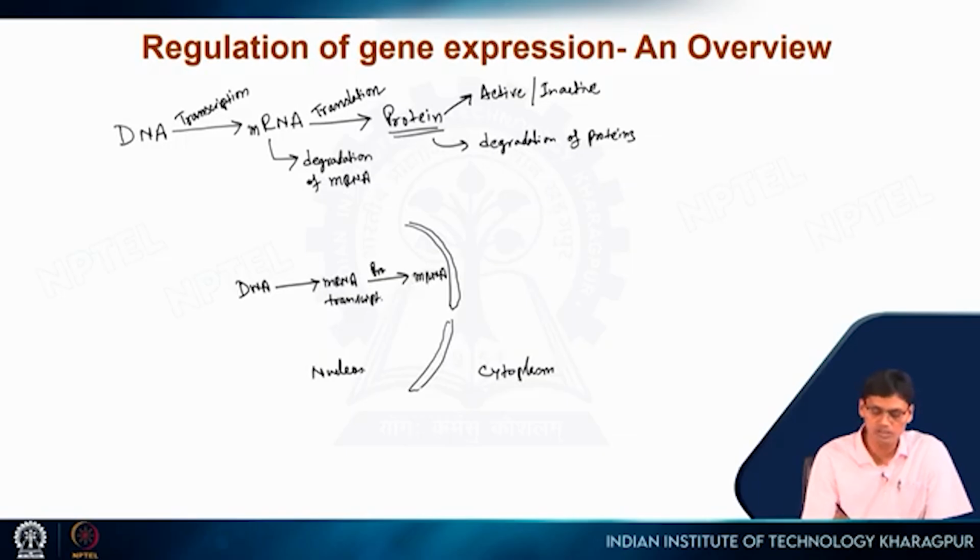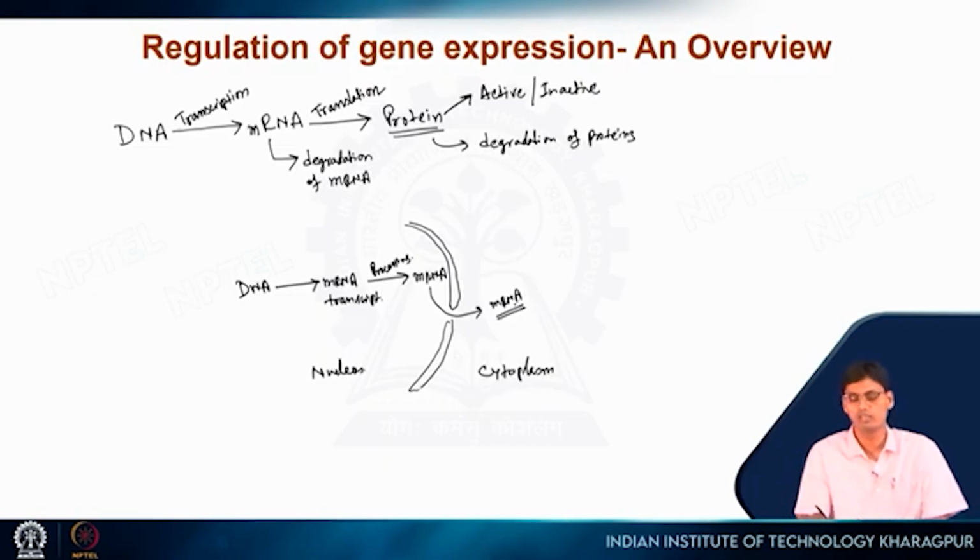This is the processing step, and then this mRNA will be transported into the cytoplasm, and it is readily available for translation. So now it will undergo translation and it will make protein.